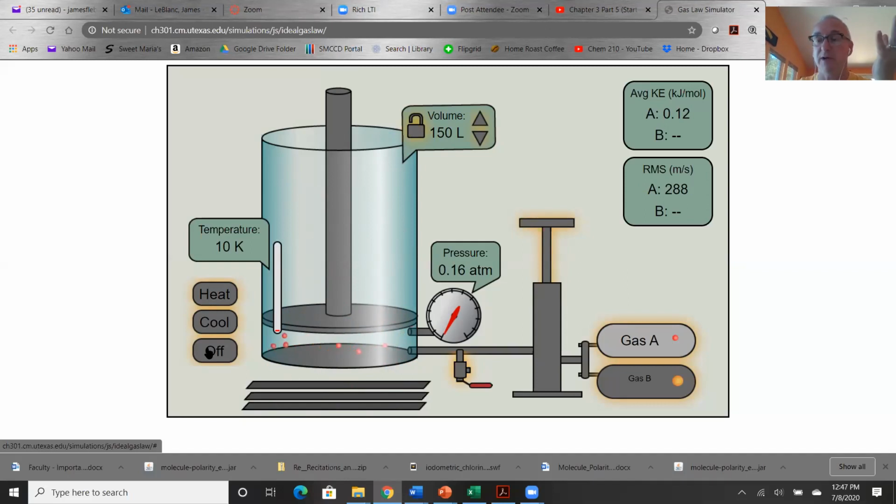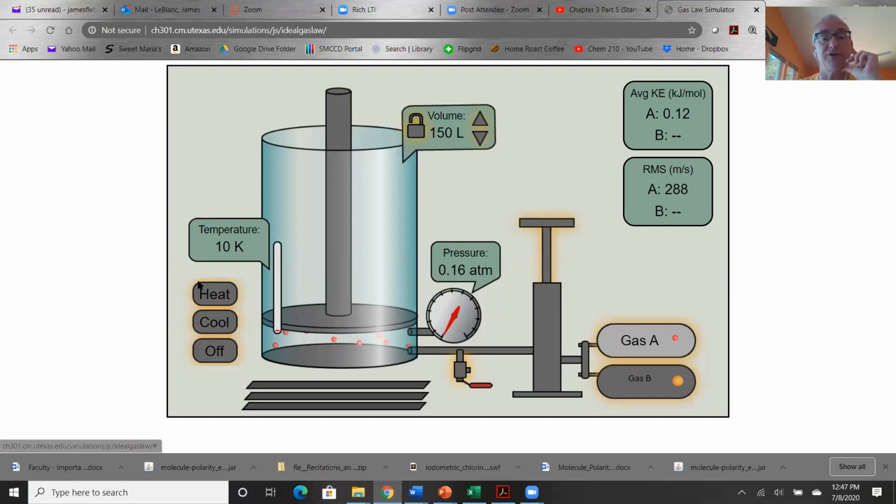The first experiment is Boyle's law. With Boyle, we look at the effect of volume on pressure. We're going to change the volume and see what effect that has on pressure.